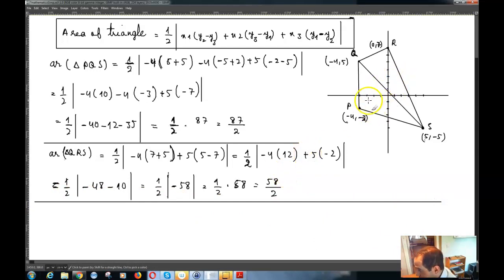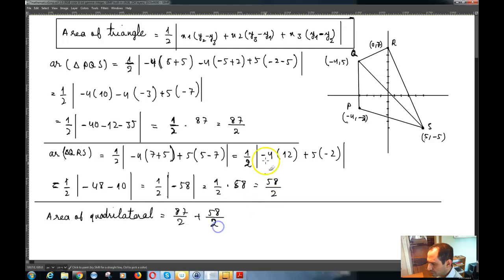Now the total area of the quadrilateral is going to be 87 halves plus 58 halves, and these are all in square units.